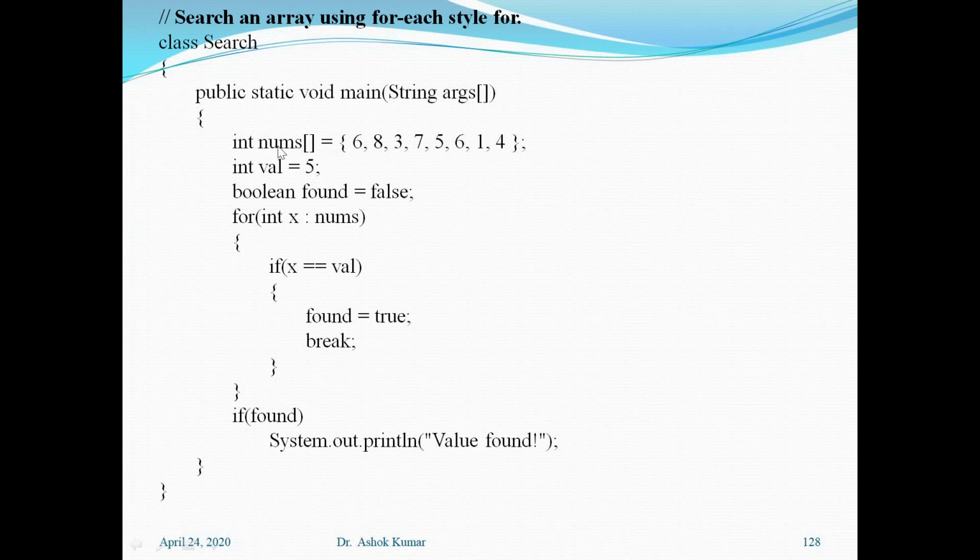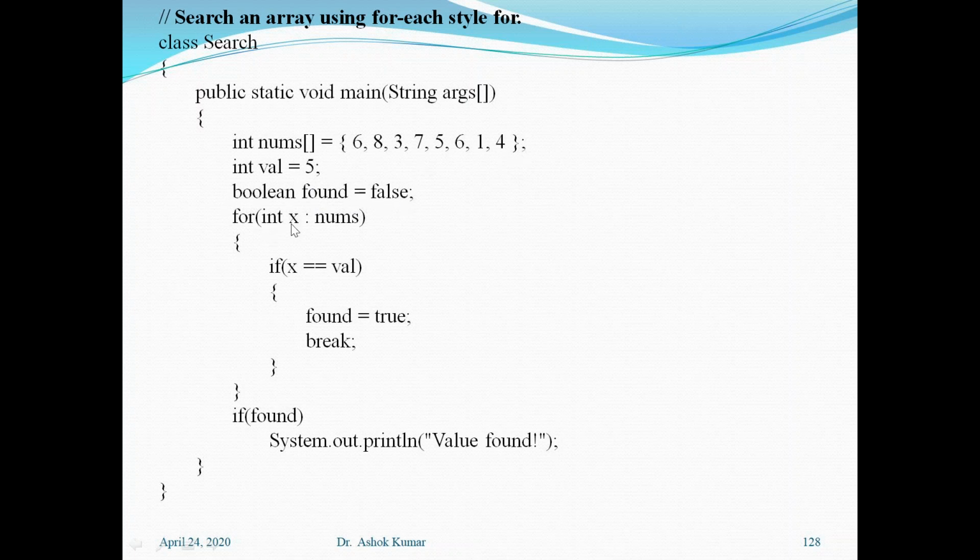Again, the array name is nums, as we have used in the previous slides. And next, val is the value that you want to search. We want to search whether this value 5 is there in the nums array or not, using the for each loop. So we have used one boolean variable found, and we have initialized it to false.